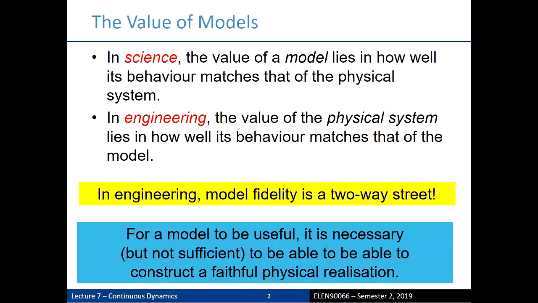Or you can think of it this way. For a model to be useful, it's necessary to be able to construct a faithful physical realisation. So for a model to be useful, we actually have to be able to make a faithful representation of the model. It's almost like a bent, warped opposite of what science does.